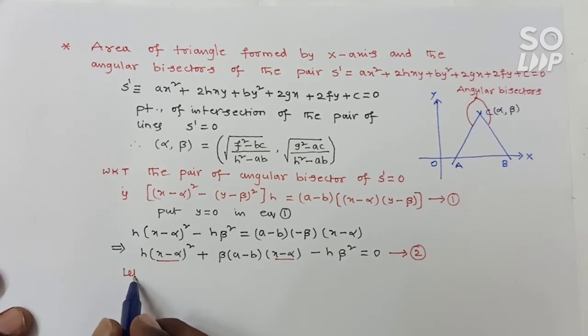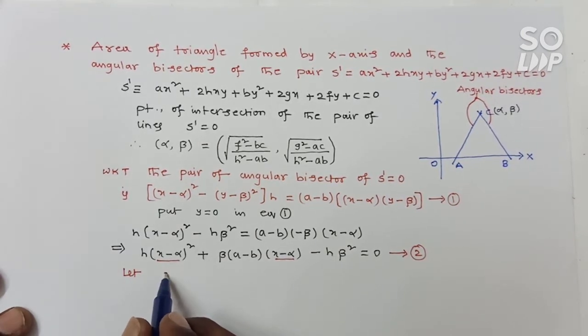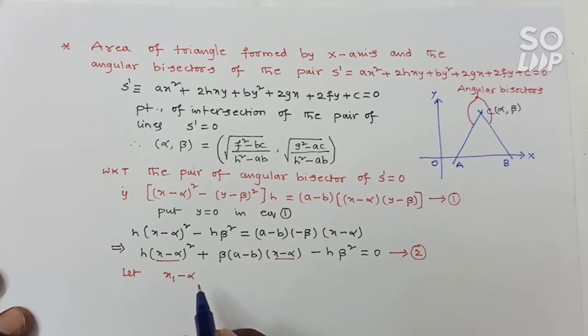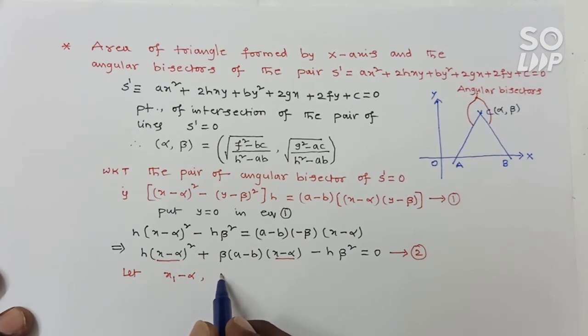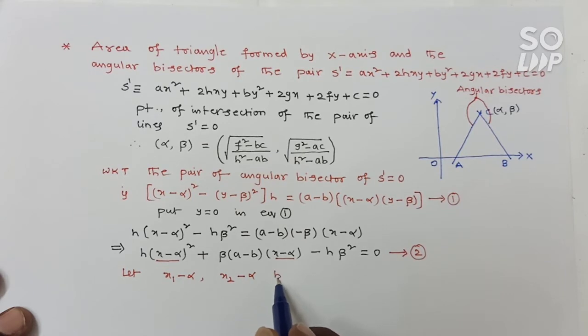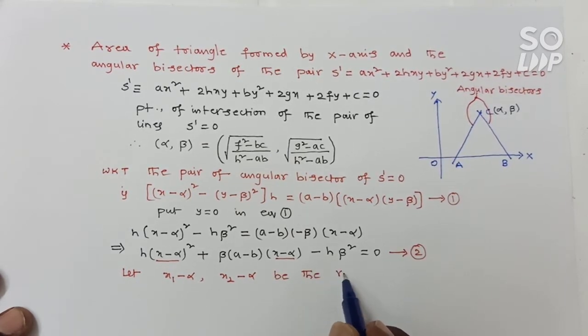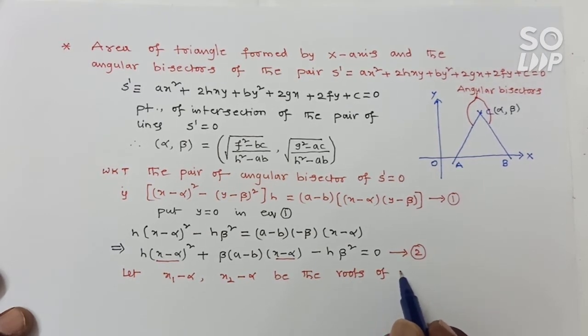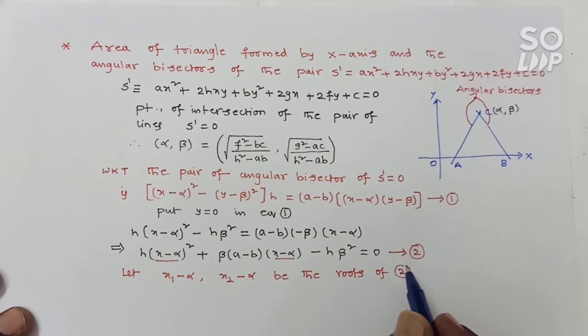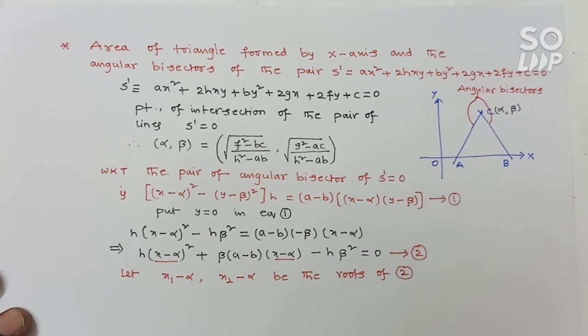Let x1 - alpha and x2 - alpha be the roots of equation 2. Now write the sum and product of the roots.